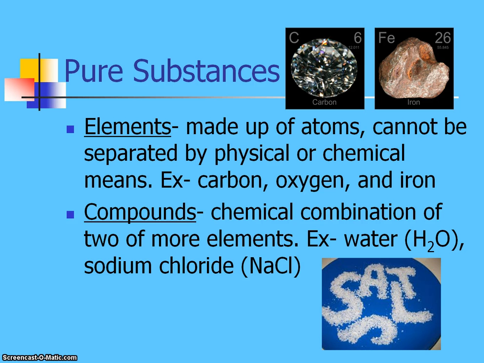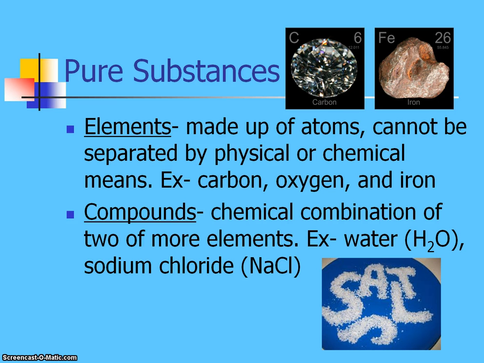Sodium and chlorine are elements. NaCl is a compound. A few examples of elements would be carbon. Diamond is carbon, that's why I put a picture up there for you. Iron is an element that's found in the ground. There's a lot of metals that are elements.